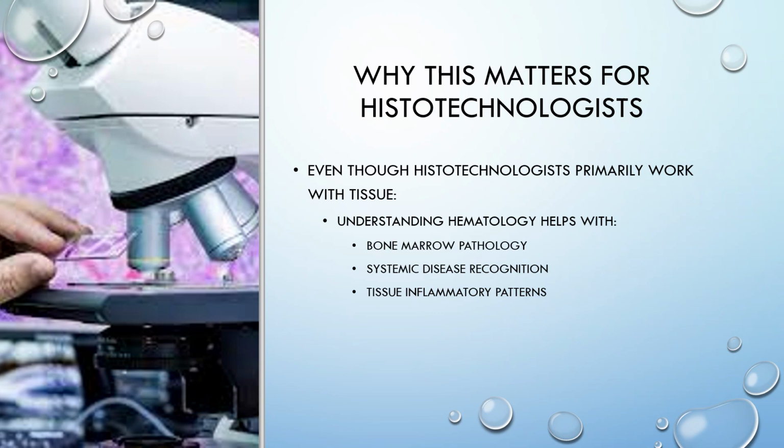So while histotechnologists may spend most of their time preparing and staining tissues, having a strong understanding of hematology provides valuable insight into how systemic diseases manifest at the microscopic level. In other words, hematology helps us connect what we see in blood, bone marrow, and tissue into one integrated picture of disease.